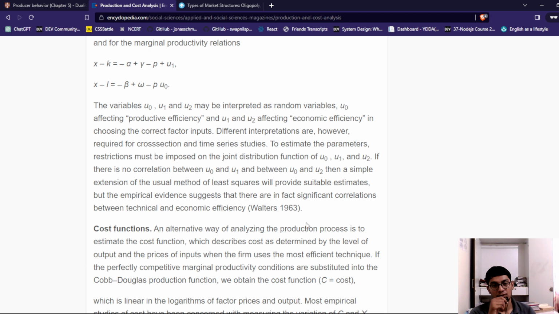The restriction must be imposed on the joint function if there is no correlation between the sampling errors. The usual method of least squares may then provide suitable estimates. What the empirical evidence suggests is that there is significant correlation between technical and economic efficiency.